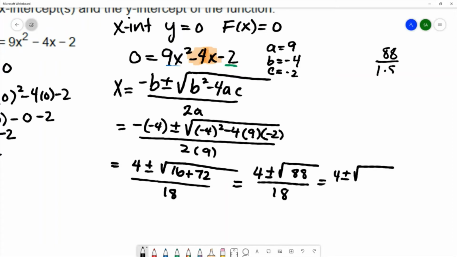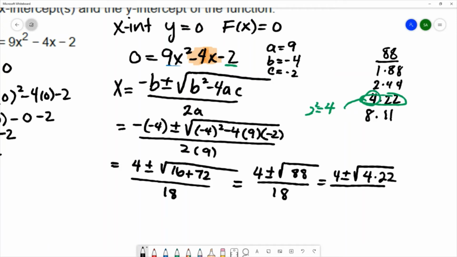That's 1 times 88, 2 times 44, 4 times 22, 8 times 11. So we want to choose this factorization because 4 is a perfect square. 4 is 2 squared. That's going to allow me to simplify the radical. So that's 4 times 22 underneath the radical.